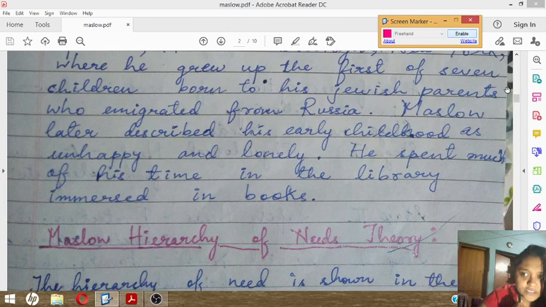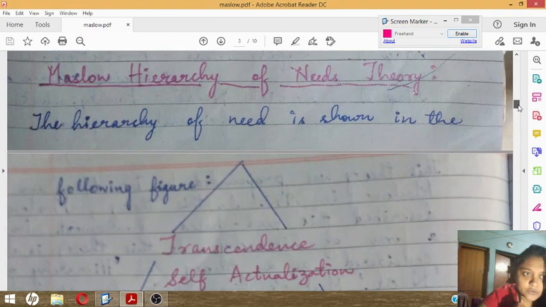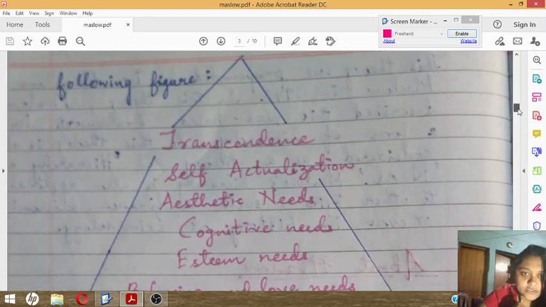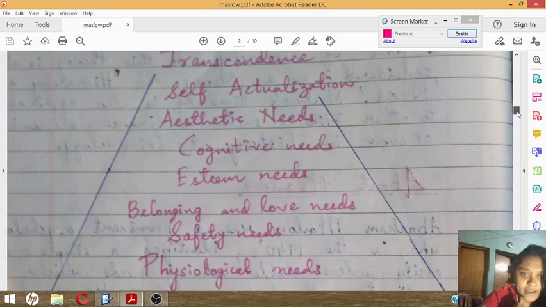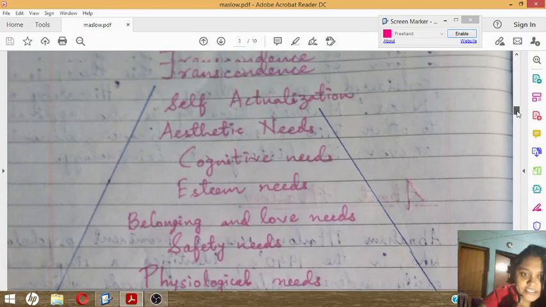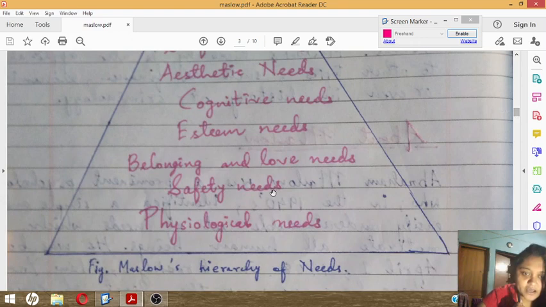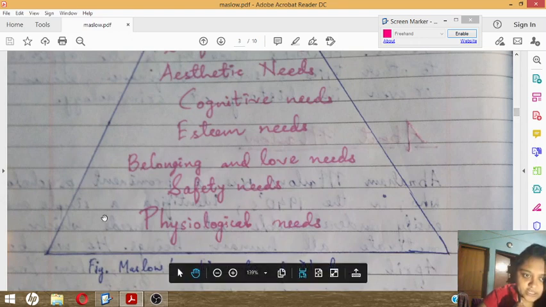Now we will discuss Maslow's hierarchy of needs theory. This is how the figure looks. It is like a pyramid, a triangle, and there are basically eight kinds of needs, starting with physiological needs, and they must be fulfilled. Human beings fulfill the needs serially.